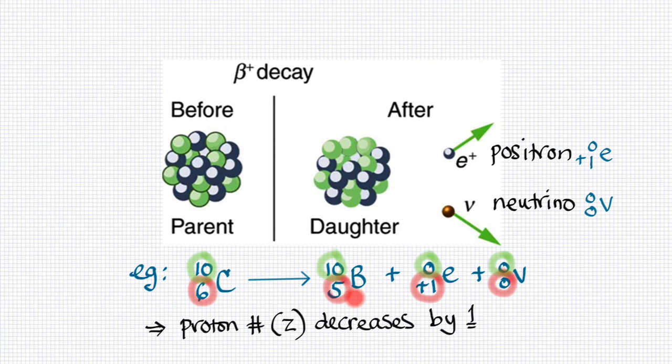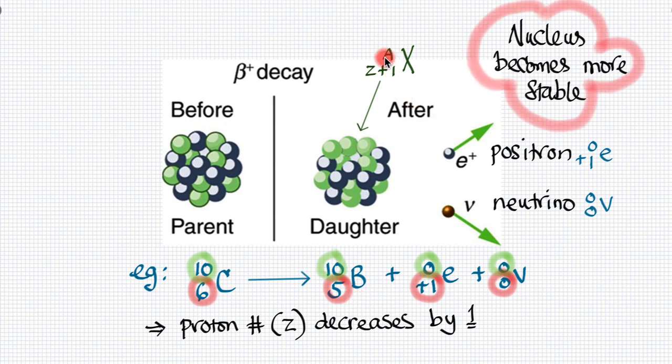So the proton number in beta plus decay decreases by 1 as opposed to the proton number in beta minus decay increasing by 1 in the daughter. And if we were to write that as symbols, what we have is the nucleon number remains the same, but the proton number changes by 1 because the nucleus again tries to form a more stable nucleus, and by releasing this positron it achieves that purpose.